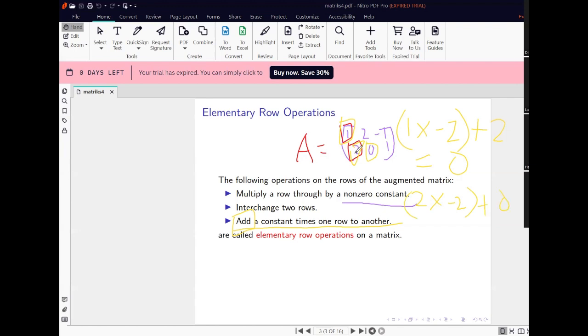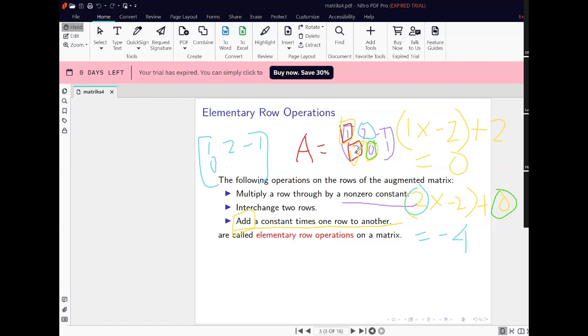I'll give you the same color. This is the 0, and this is the 2, and this is the 2. So the augmented matrix becomes: the first row is not changed, and the second row is 0 and minus 4.